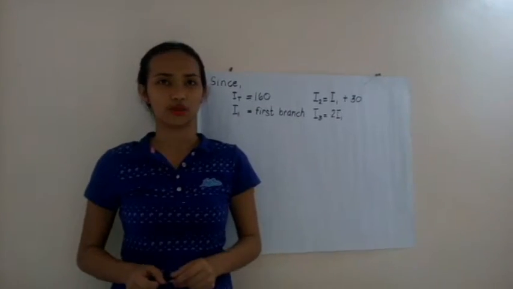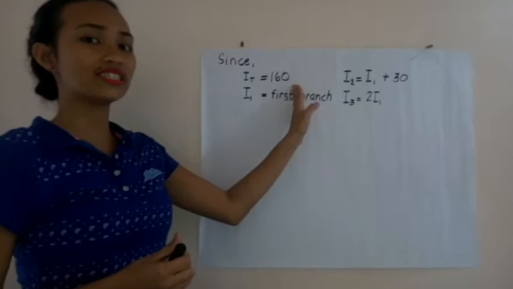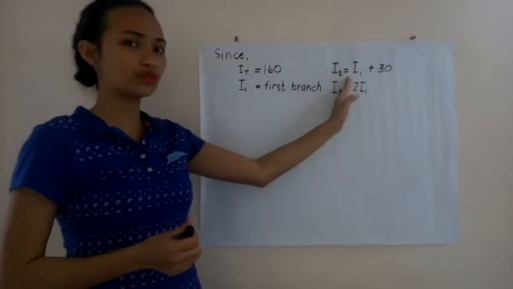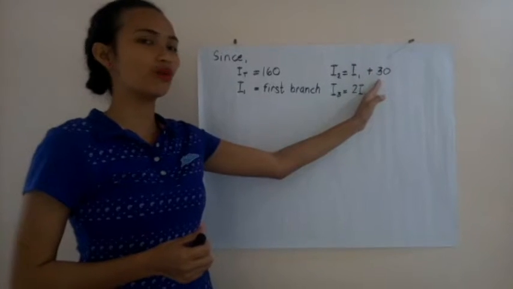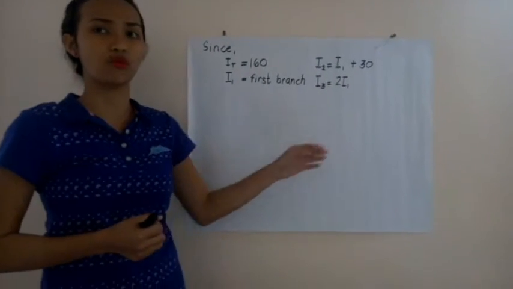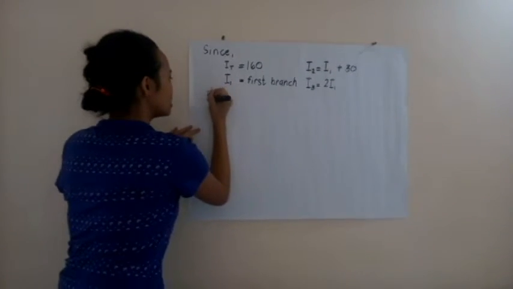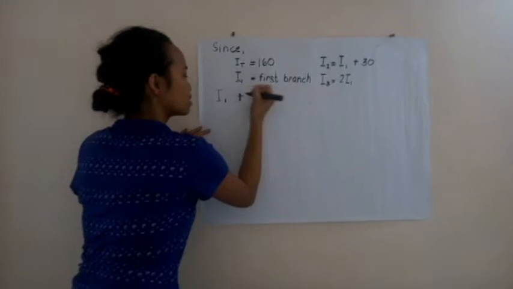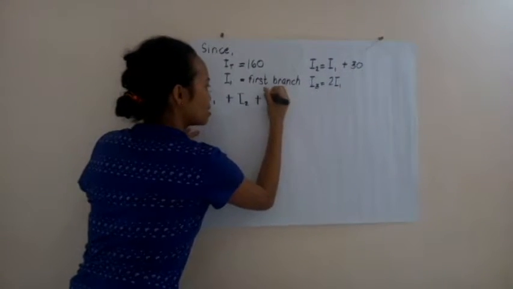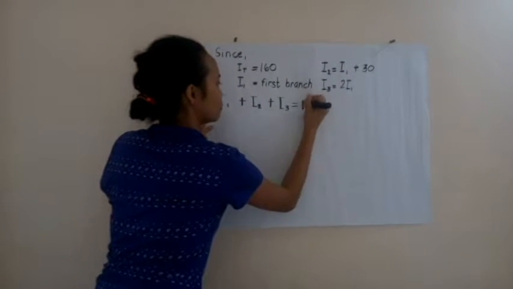Now let's write the equation. Since we have I sub t equals 160, I sub 1 as the first branch, I sub 2 equals I sub 1 plus 30, and I sub 3 equals twice the I sub 1. Thus, we can have I sub 1 plus I sub 2 plus I sub 3, which is equal to I sub t.